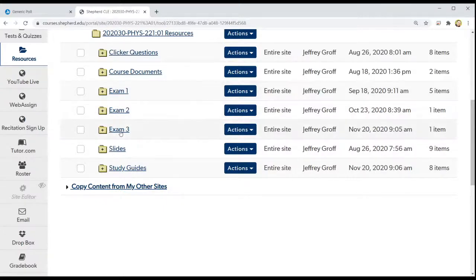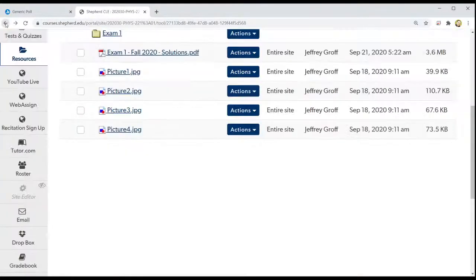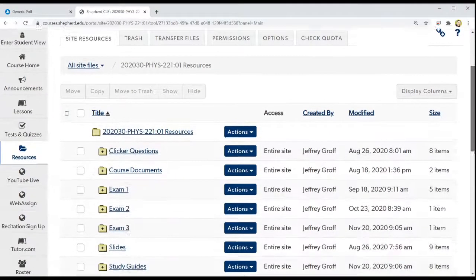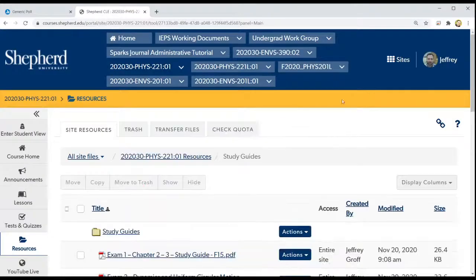But the exam 1, 2, and 3 solutions are posted here, and those are terrific study guides for preparing for the final exam. And then of course, there's all the slides, the clicker questions, and the equation sheet that you'll have on the final exam. And then I posted some study guides.